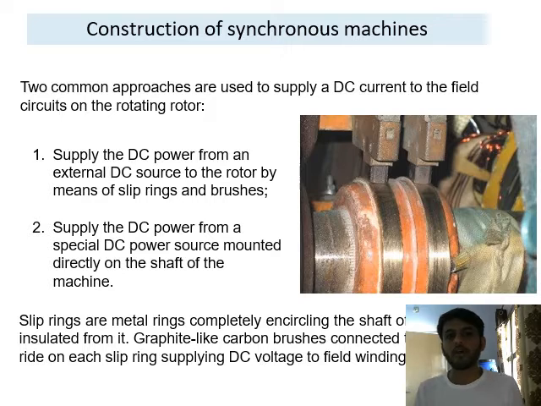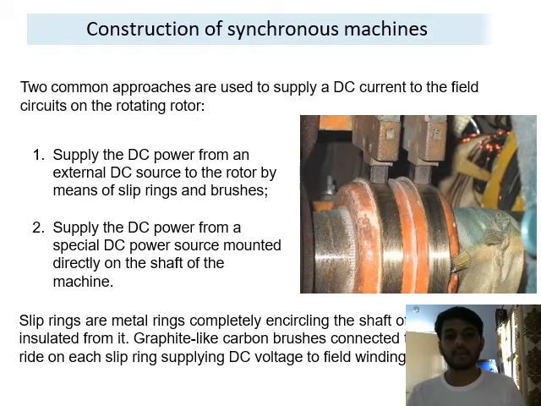What we use is: supply the DC power from an external DC source to a rotor by means of slip rings and brushes, or supply the DC power from a special DC power source mounted directly on the shaft of the machine. These are the two possible ways to supply DC power to the rotor.